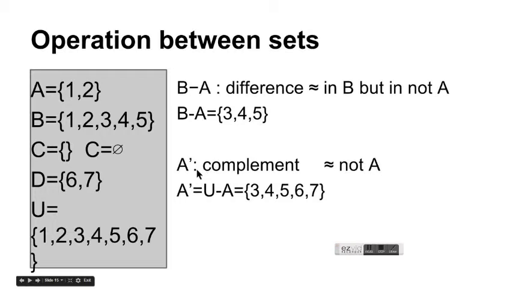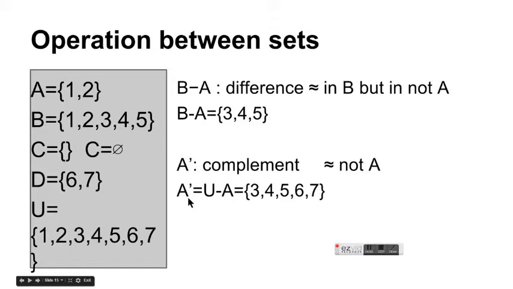Another operation is complement. We use prime to represent the complement. The idea of complement can be understood as not A. Recall that we have a universal set. Universal set is all the possible elements in the universe.